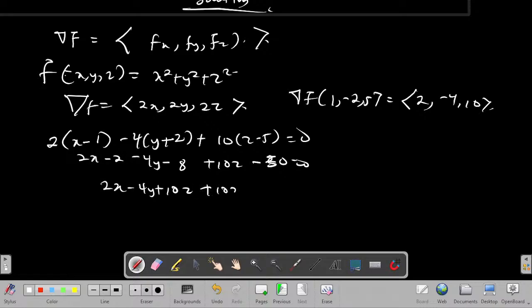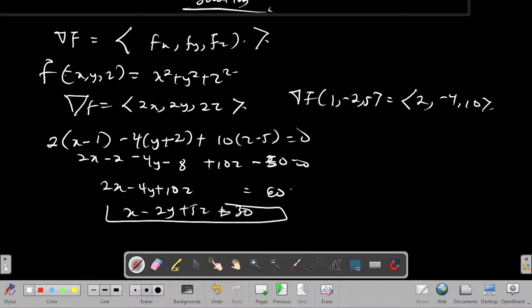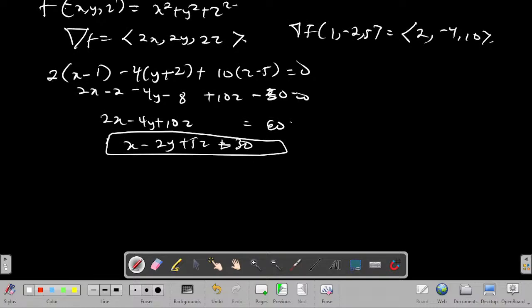Here you can divide through: x minus 2y plus 5z is equal to 30. Good. Simple as that.